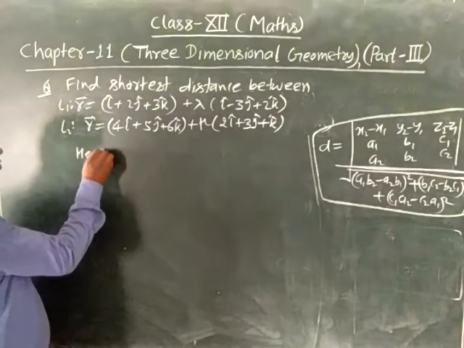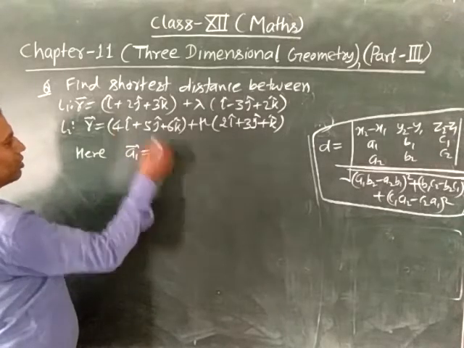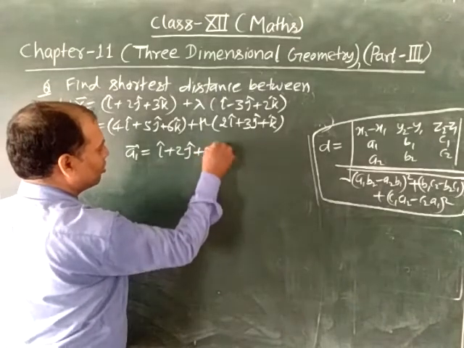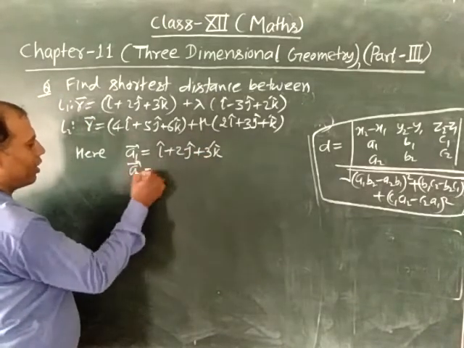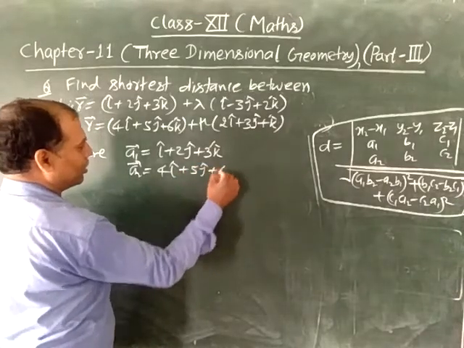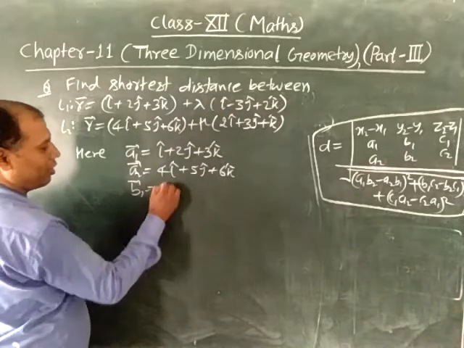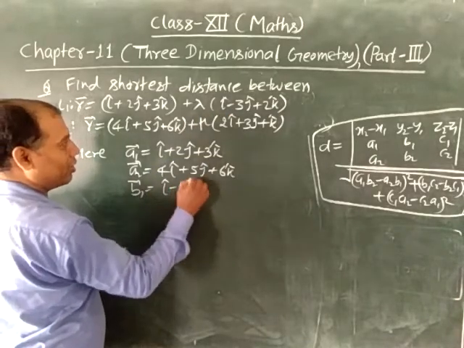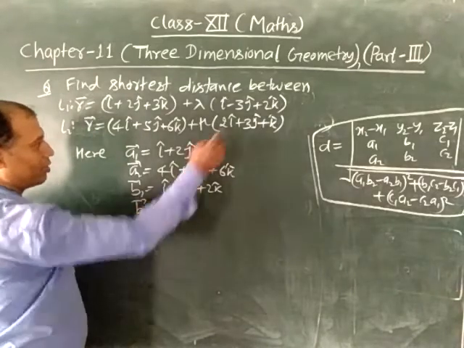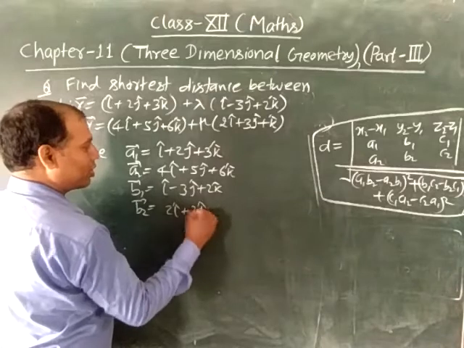Here vector a1 is i plus 2j plus 3k, vector a2 is 4i plus 5j plus 6k, vector b1 is i minus 3j plus 2k, and vector b2 is 2i plus 3j plus k.